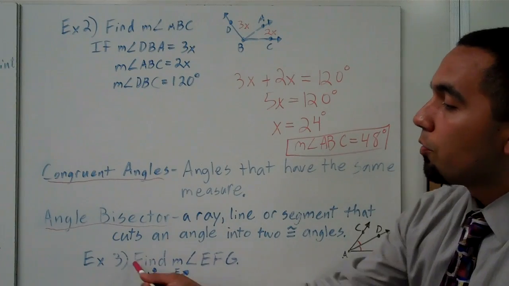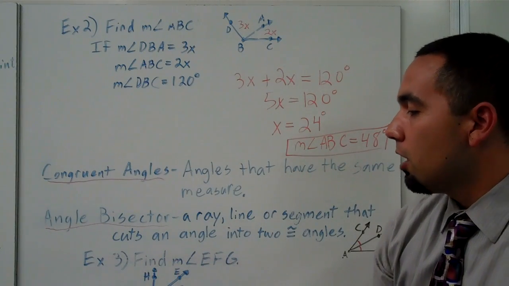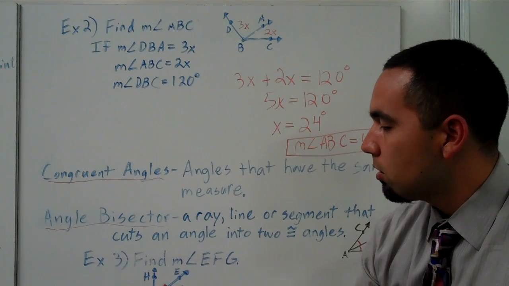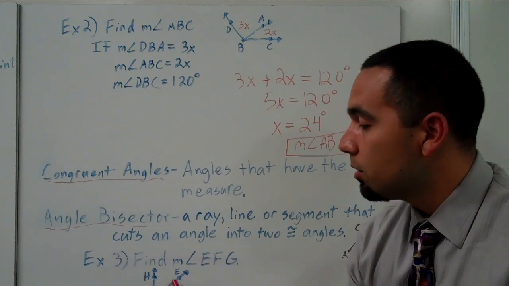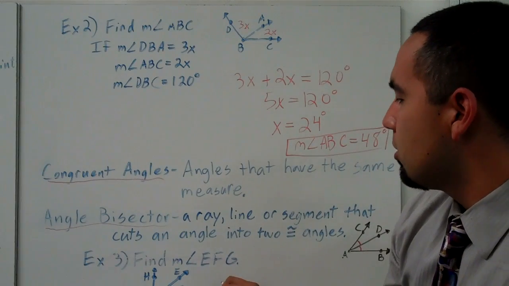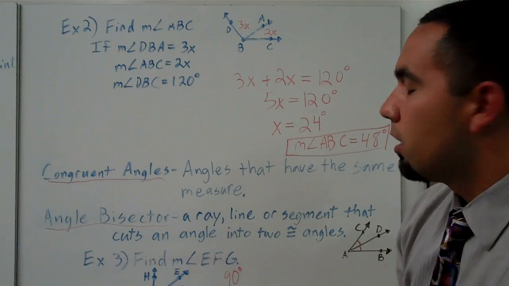If we look at example 3, it says find the measurement of angle EFG. EFG again is this small angle, and we have these two little hash marks, or these little curves. So that means that this angle is equal to this angle. But we also have that little box, and remember that little box tells us that the big angle is equal to 90 degrees.